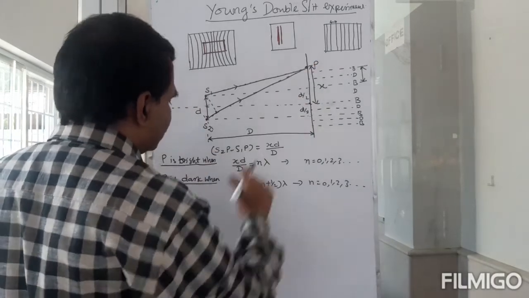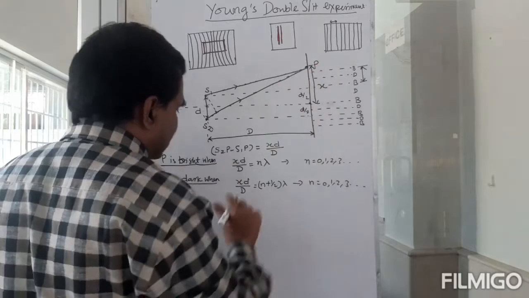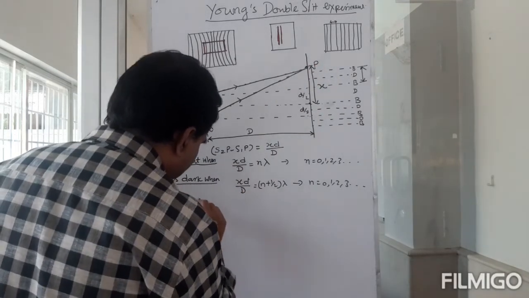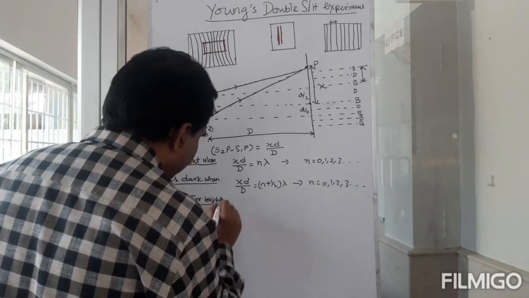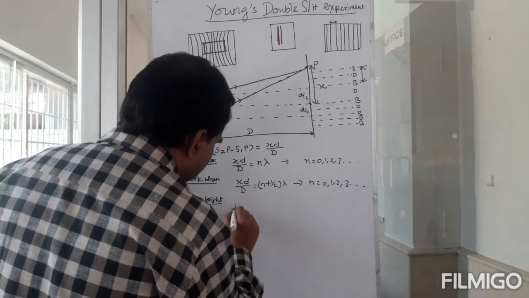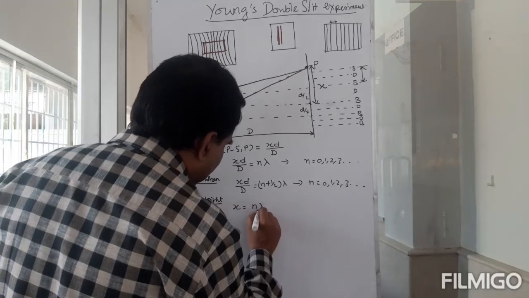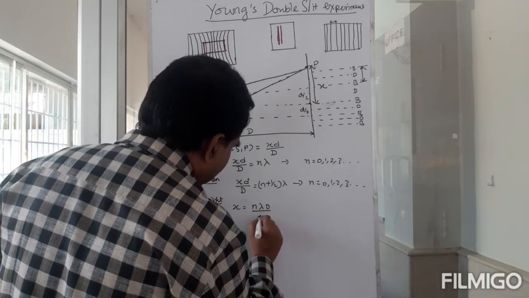What is the distance x? The position of point P, that is distance x. So the distance x from this for bright, x is equal to n lambda D by d.